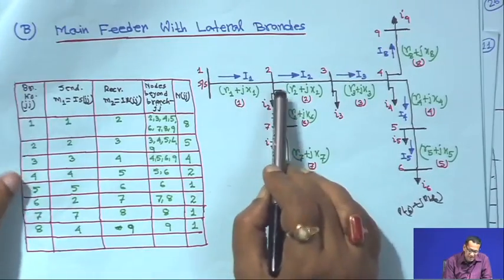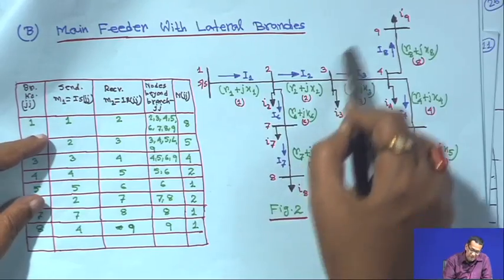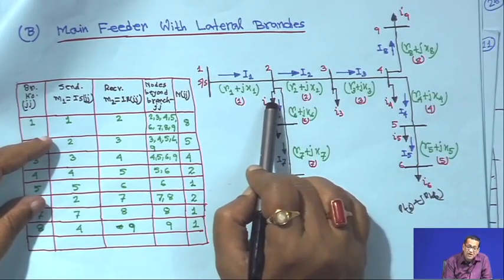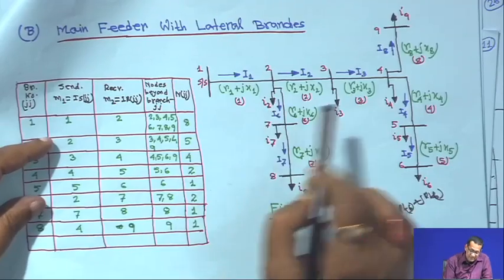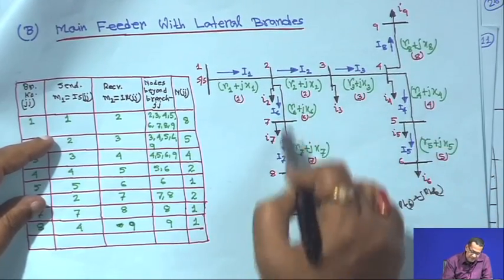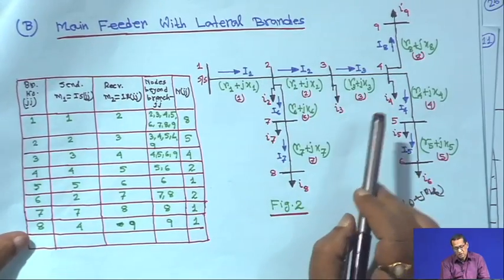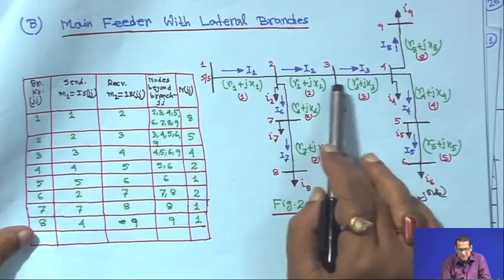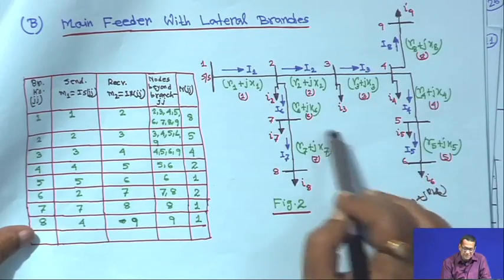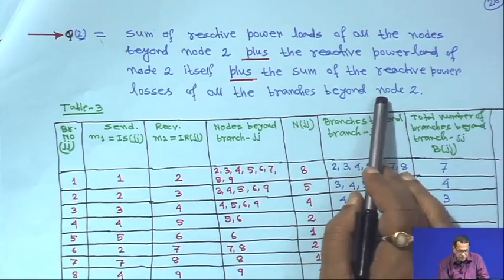So, the reactive power load fed through node 2 is the sum of all the reactive loads of all the nodes beyond node 2, plus the reactive load of node 2 itself, plus the reactive power losses of this branch, this branch, this branch, this branch. I mean, beyond this node 2, whatever number of branches are there, you just identify them and add their losses. Therefore, that is your Q2.